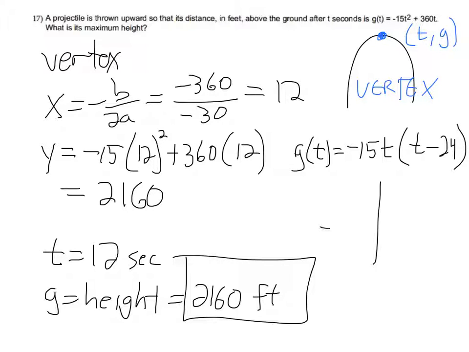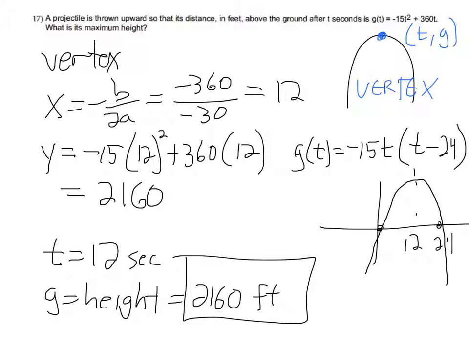This just means that at t equals 0 and t equals 24, the height is 0. So those would be your x-intercepts. And halfway between there would be 12. That would be a harder way to find x equals 12. Not too hard. And then you plug that into the function and find the y value.